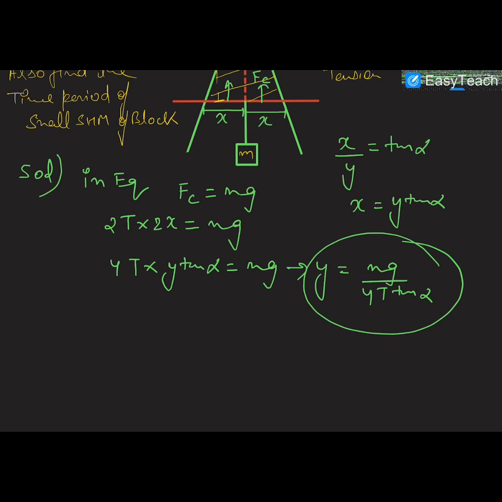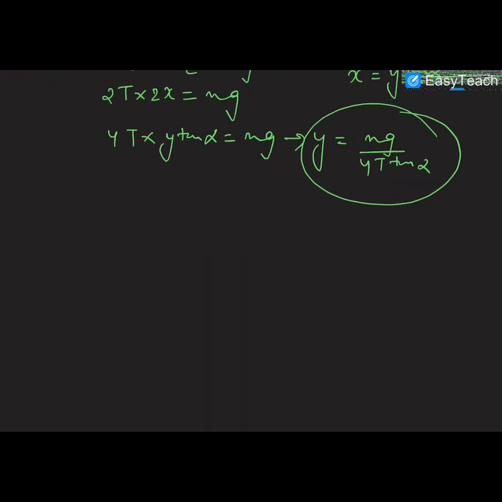Now in the second case, in which we have to find out the time period of SHM, let us draw the scenario first of all. So this is the wire frame, and this half angle is alpha.